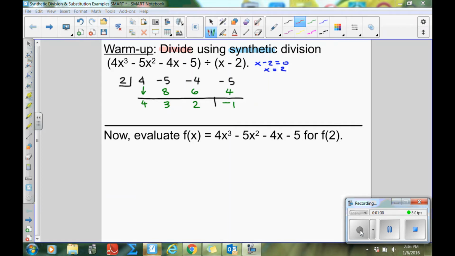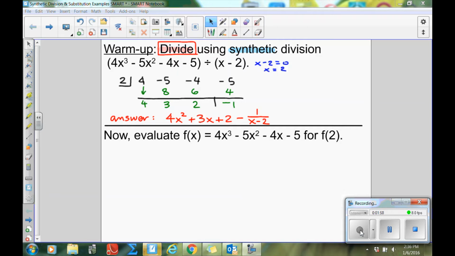So since the directions asked us to divide, our answer would need to be a polynomial. 4x squared plus 3x plus 2, remainder written as a fraction. The answer is of that format because we were asked to divide. Keyword, pay attention to directions.